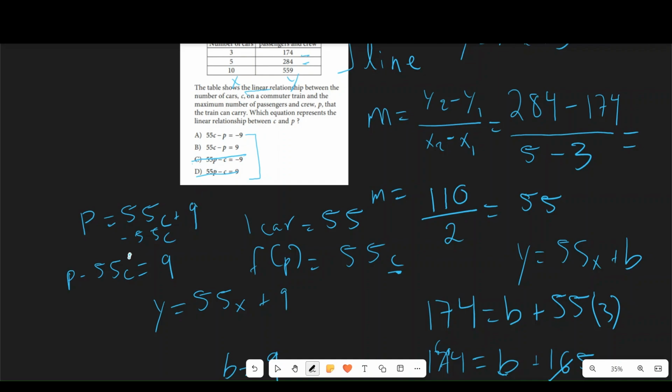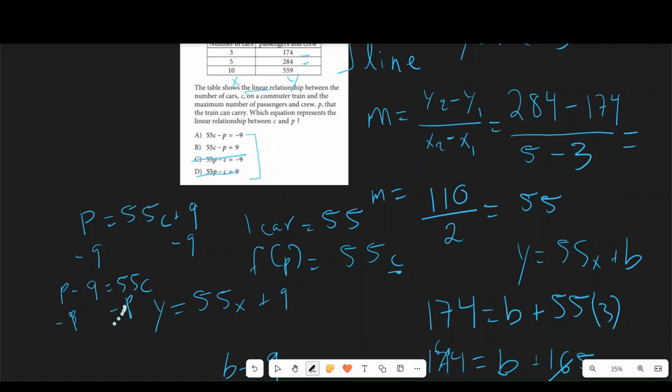So maybe let's try moving it the other way around. Maybe we can just instead do a -9 on this side, so a -9 on this side, so then we get p minus 9 is equal to 55c, right? So now our 55c is still positive, and then we can just minus p on both sides, right?